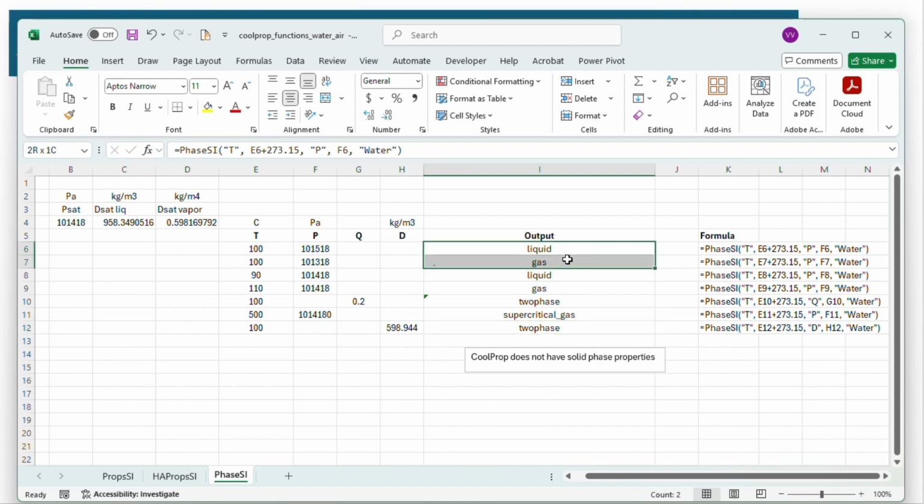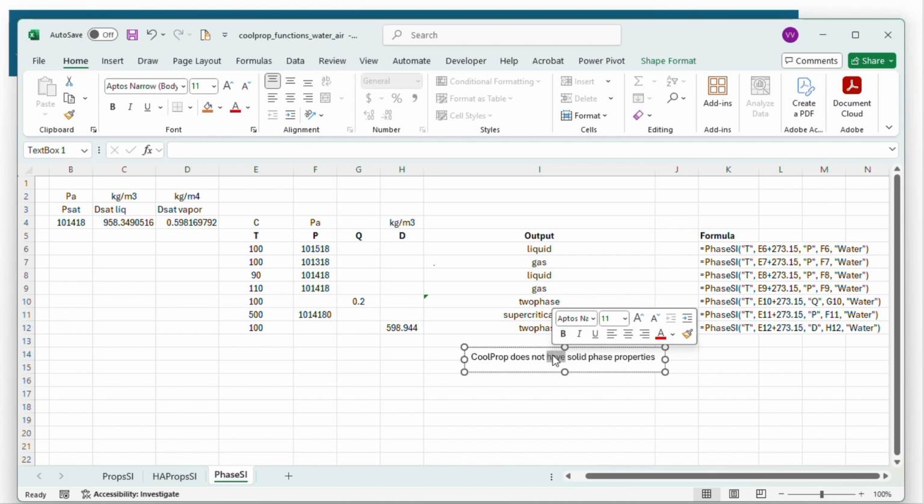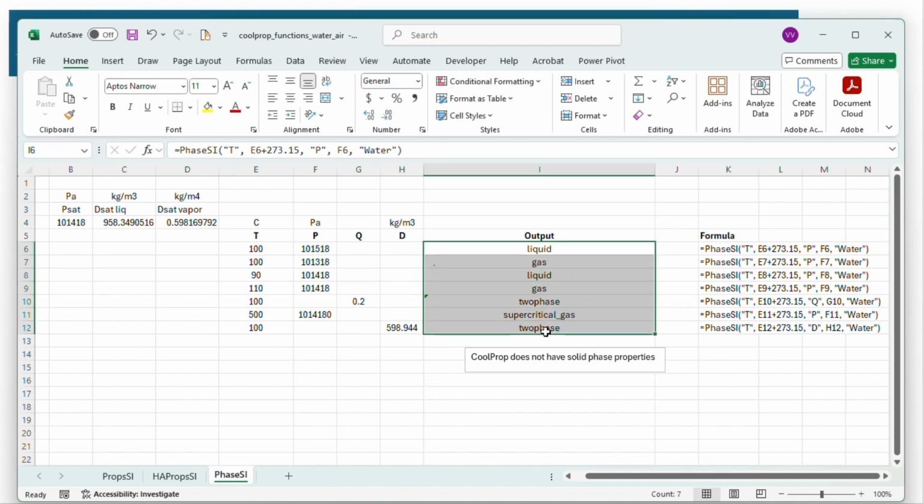The only phases that are possible are liquid, gas, two-phase, whether it's a supercritical gas or not. It will not tell you whether this is a solid phase material or not. CoolProp is not designed for solid phase. So these are the phases that it can operate on.